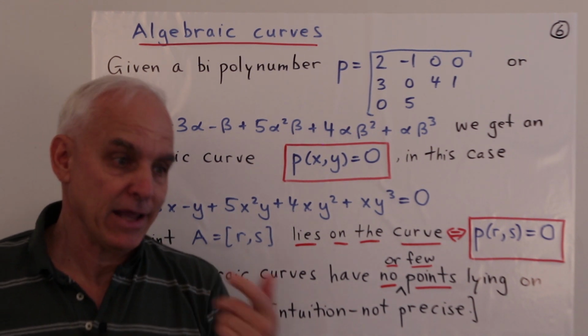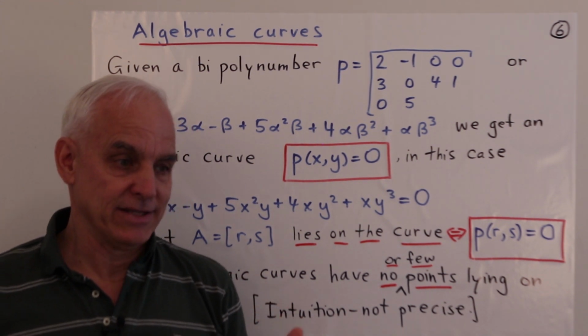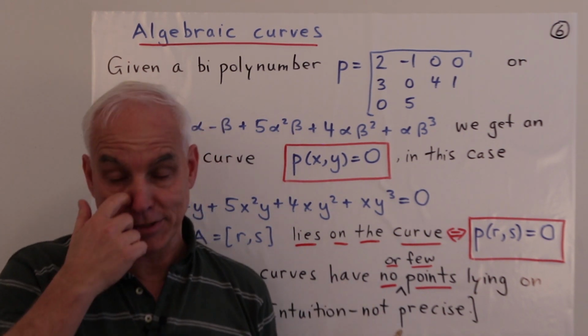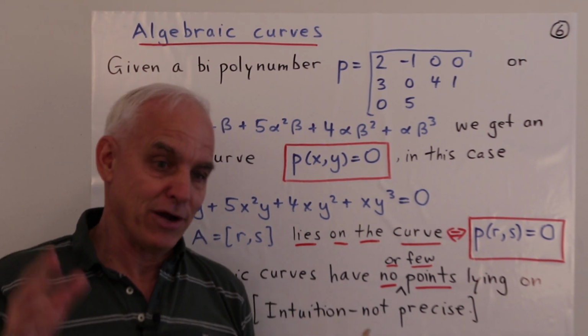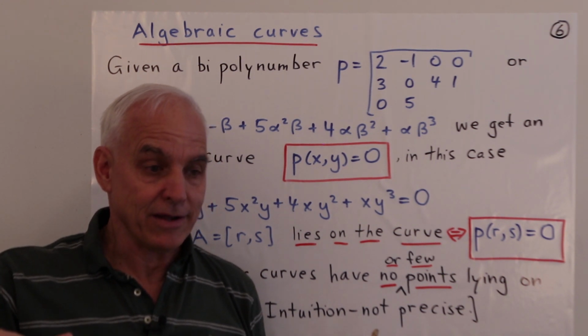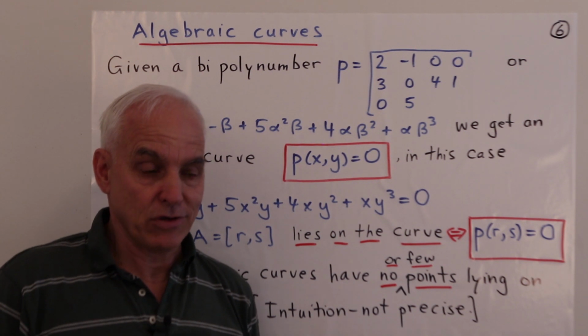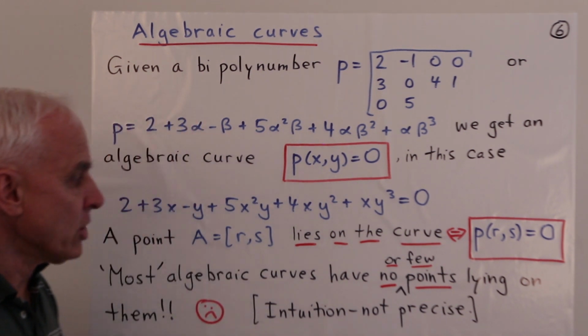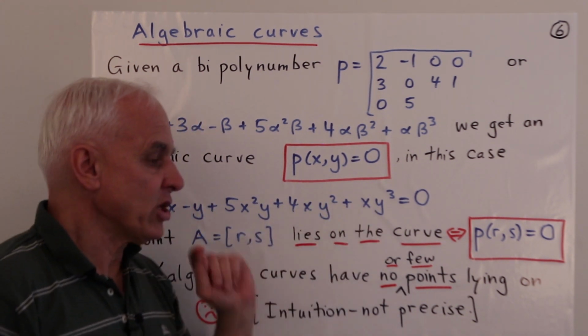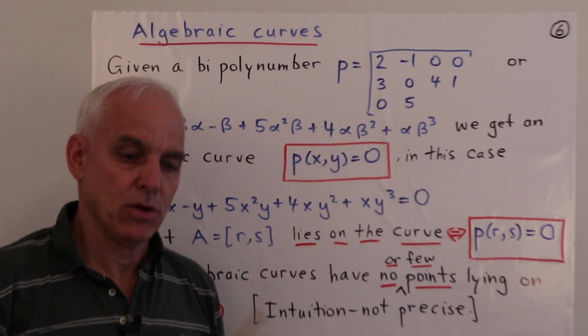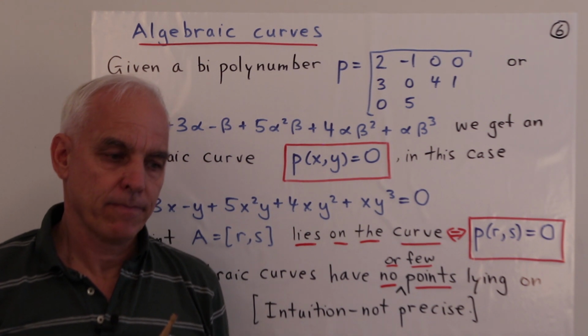And getting at those few points, even if they exist, is a major number theoretical challenge. It requires all kinds of powerful theoretical and computational techniques, and it's not generally possible. So we may have an equation like this, but actually finding points on the curve can be hugely problematic.